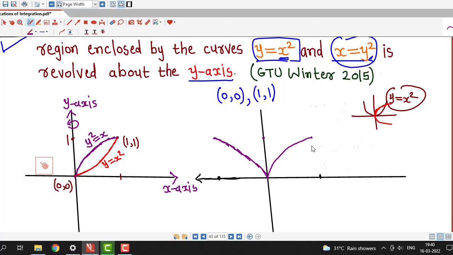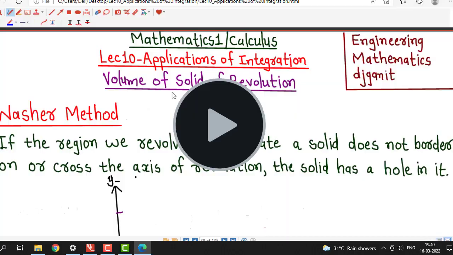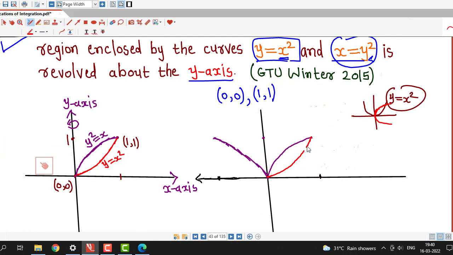And if we consider the mirror image of this red graph, y equal to x square, with respect to the y-axis, we will have this part, and we join these two so that it will look like a solid which is generated by rotating the plane region which we have sketched on the left side.